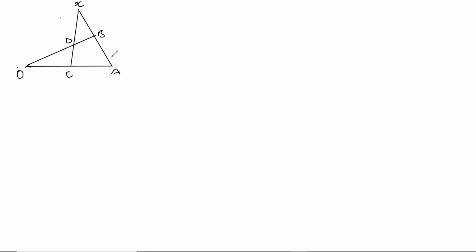Inside this triangle, there are intersecting lines. Actually, the intersecting lines are AB and CD. I repeat, the intersecting lines are AB and CD. But anytime lines intersect, they have to intersect at a point.